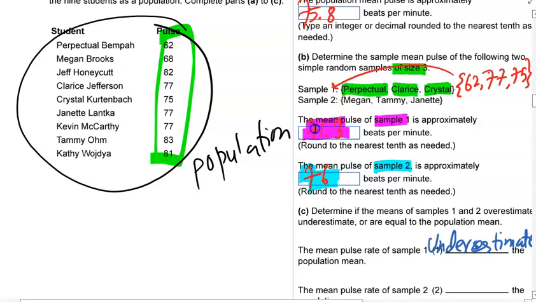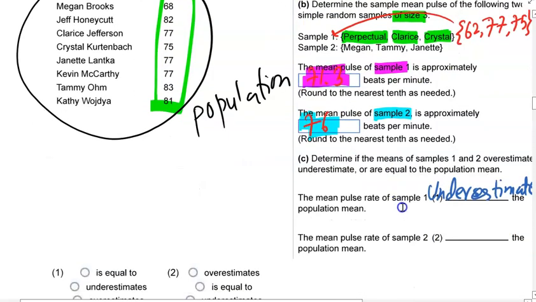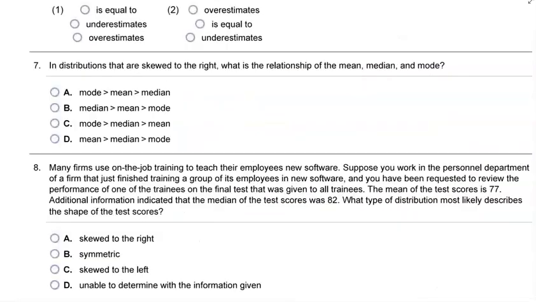Therefore, sample 1 mean underestimates the population mean, because it is less than the population mean. Likewise, sample 2 mean overestimates the population mean. That's how you solve question number 6.